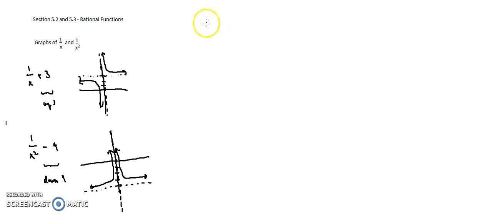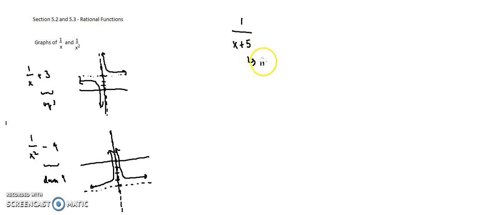Okay, so moving along, remember if we had something like 1 over x plus 5. We see that this is a 1 over x type function. We've got plus 5. The plus 5 is on the inside of the function. And remember, inside the function, which for this one is inside the fraction, moves left and right, and it's opposite what you would expect.